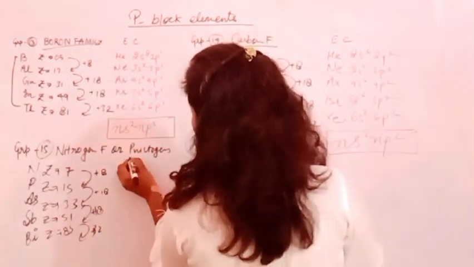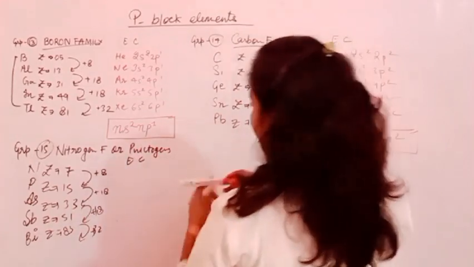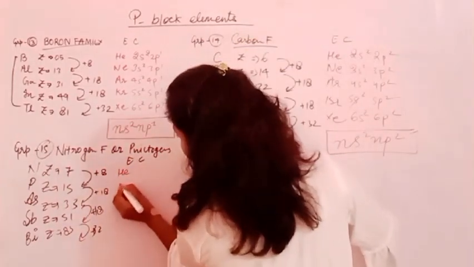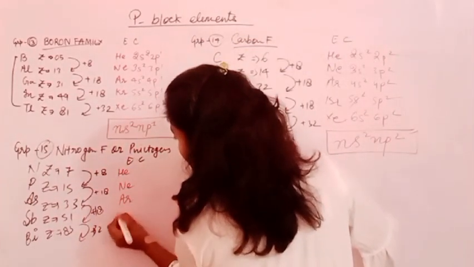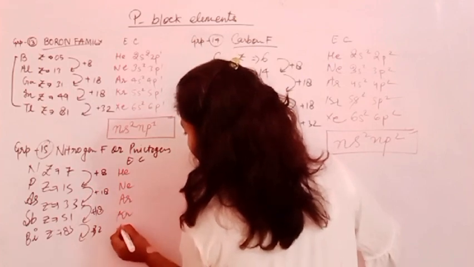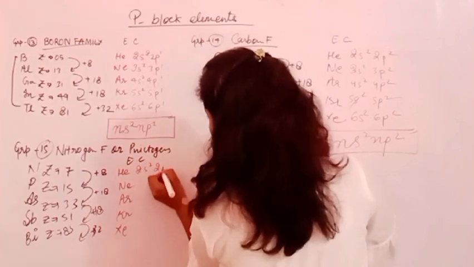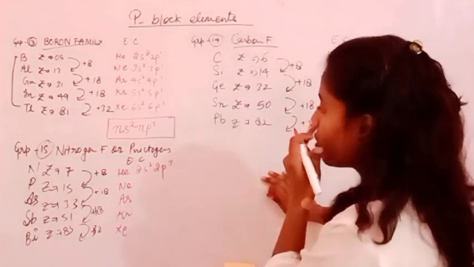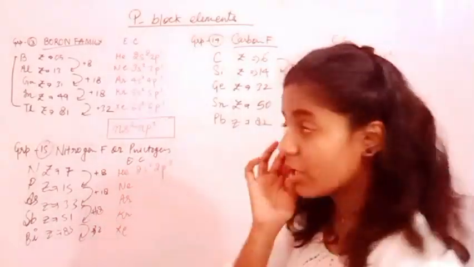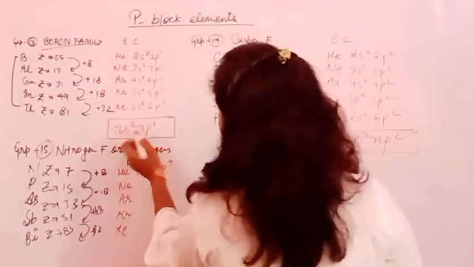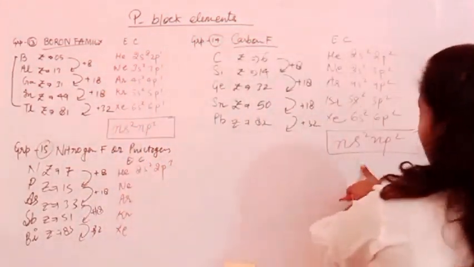Talking about writing the electronic configuration for all of them, again we use helium, neon, argon, krypton and xenon. So 2s2 2p3. Now see what changes in writing the electronic configuration from group 13 onwards. Here ns2 begins with all the elements the same.